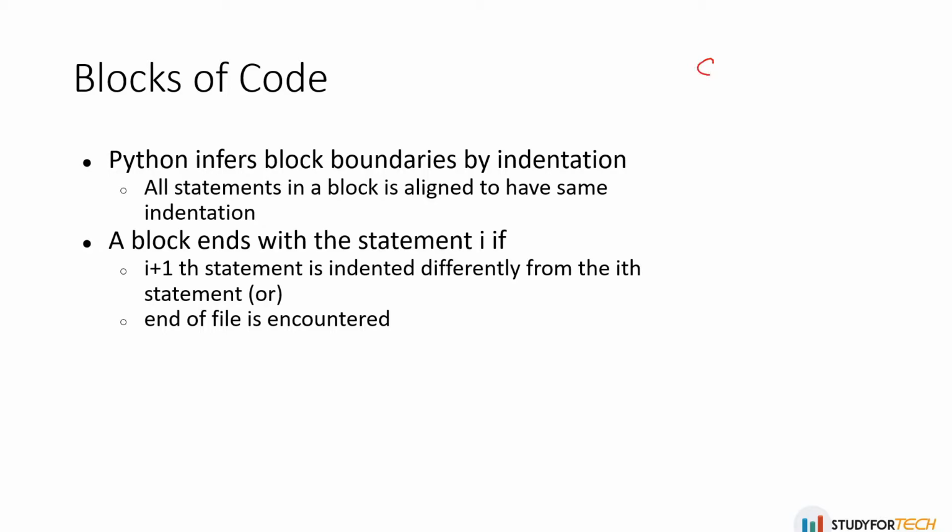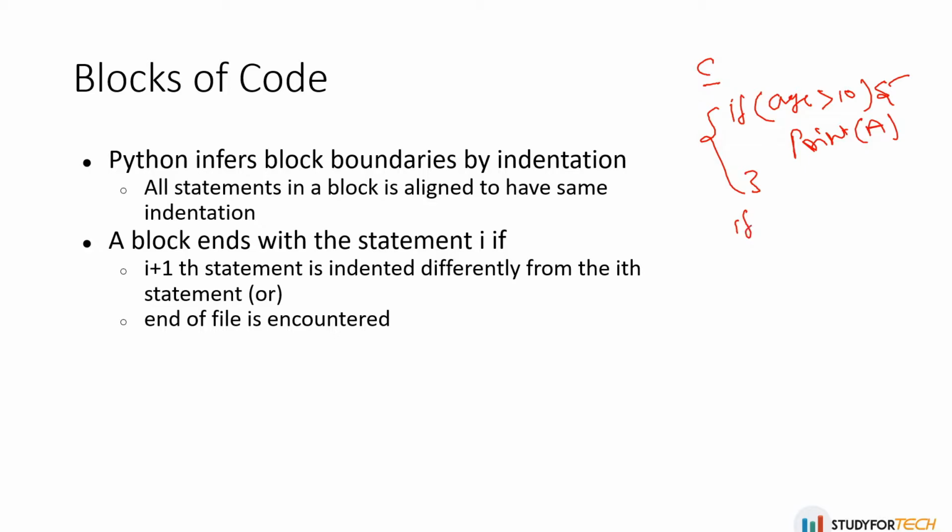In C language, if you have to write some code as a condition, you'll write like that: if age greater than 10, then print A, and then curly braces to open it and then close it. So this is one form.